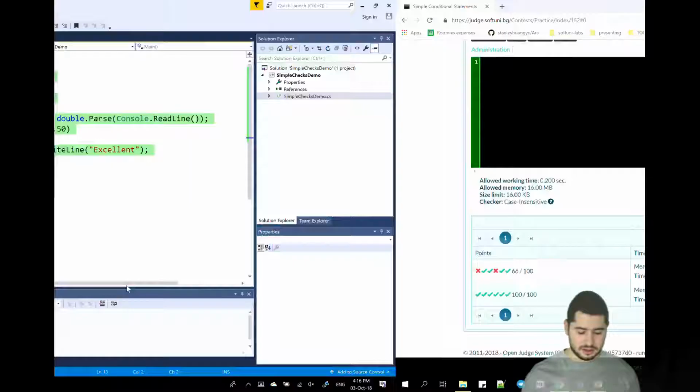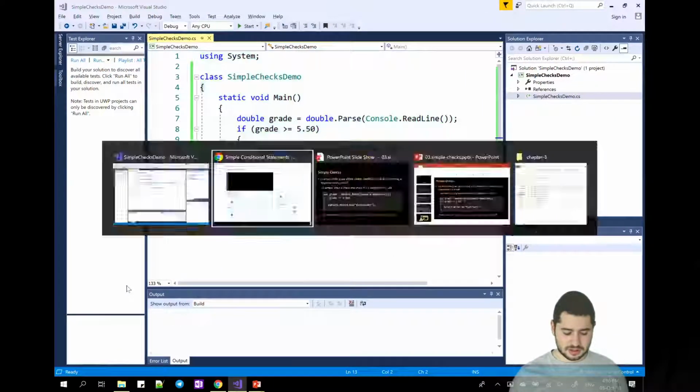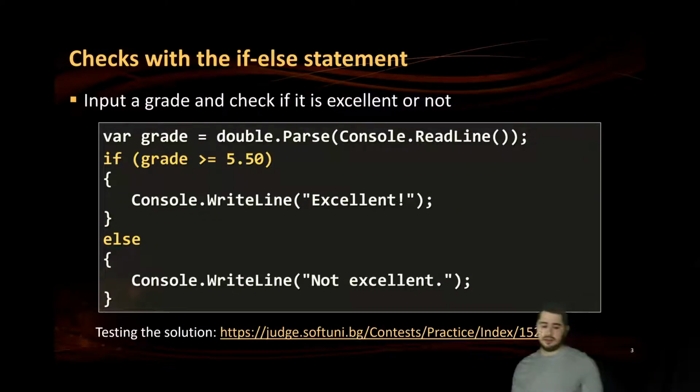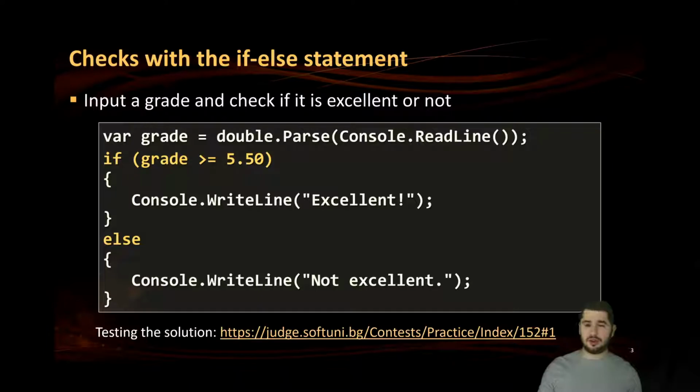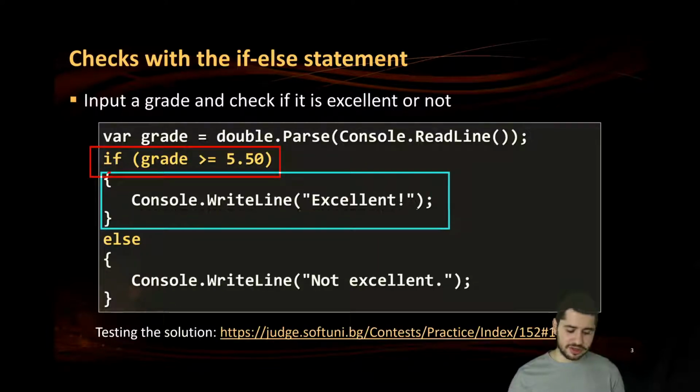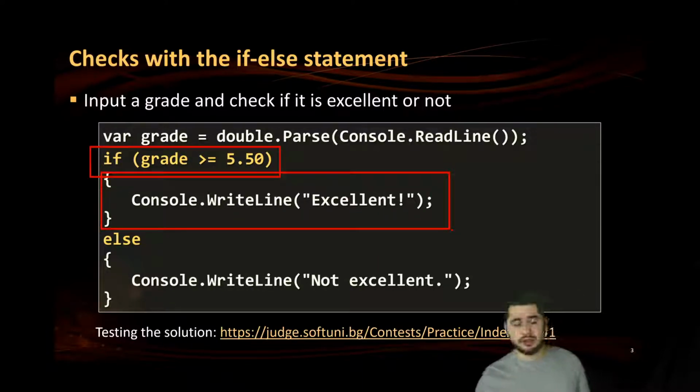Why is that? Well, there is an additional thing in the task, and that's that if you don't have an excellent score, you want to output not excellent. In that case, what you can use is another new thing called an else statement. How does an else statement work? Well, you have, as usual, your condition and the result from your condition, but you also have an alternative code which executes when the condition is not met.